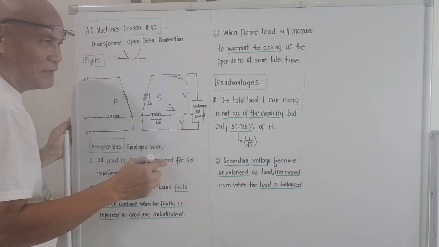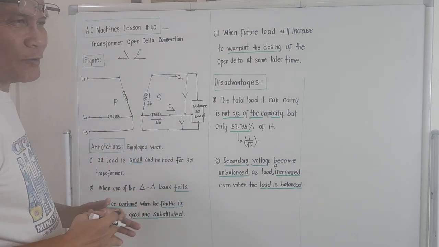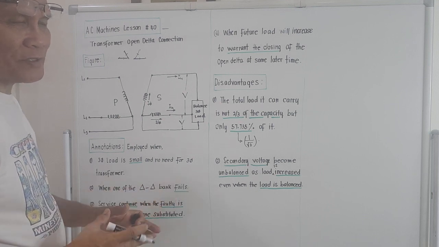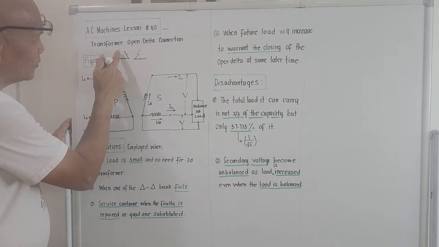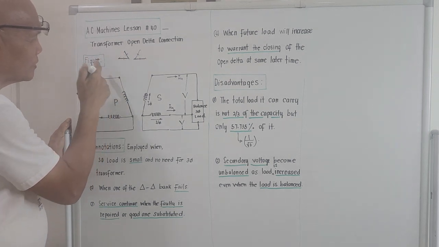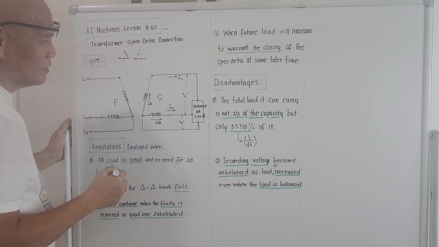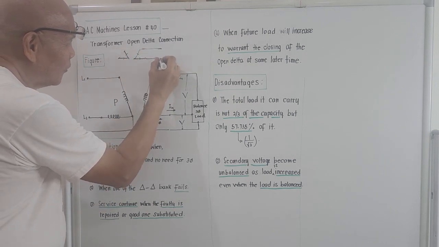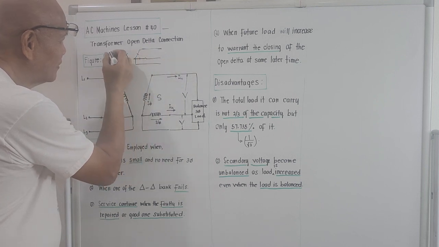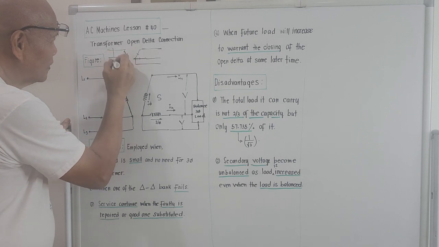Fail meaning they are faulty, they are not operating maybe at 100% or there is a problem with them, right? So if one of the transformers in the primary is missing and one of the transformers on the secondary is missing, we call those ones open delta connection. Open delta.